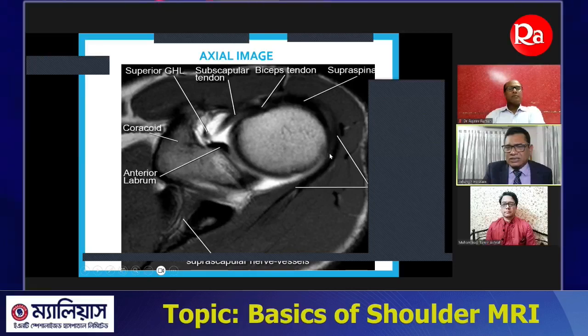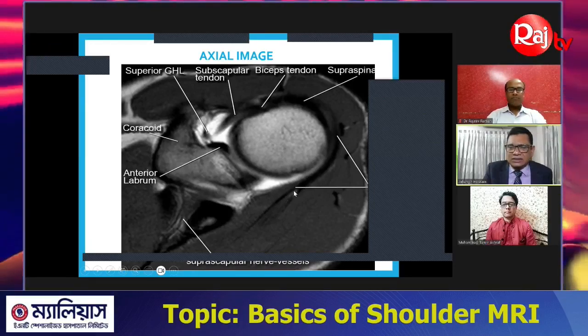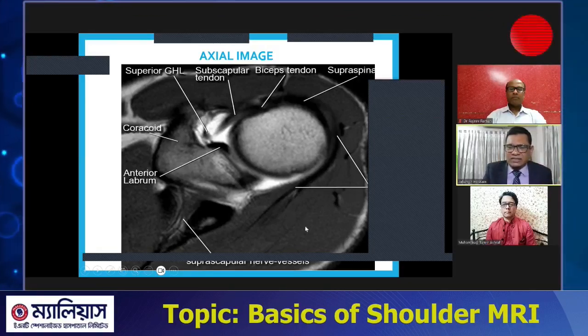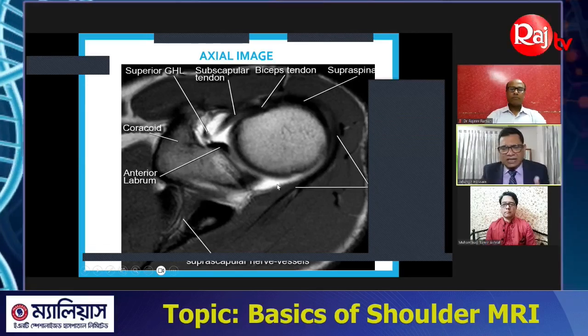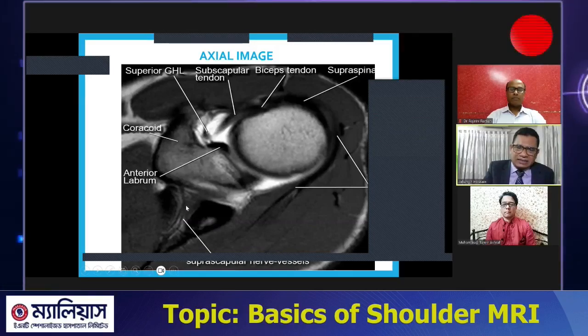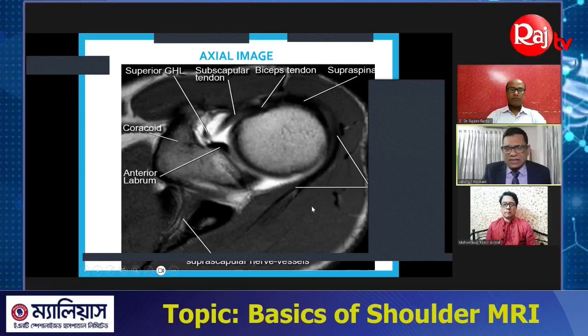And this tendon is the infraspinatus tendon, and here you can see the teres minor tendon. So this is the infraspinatus muscle, and this is the teres minor muscle. All these normal and applied anatomical variants we can see from this slide. And here it is seen that is the suprascapular nerve and vessel at the suprascapular groove. This is the axial cut.